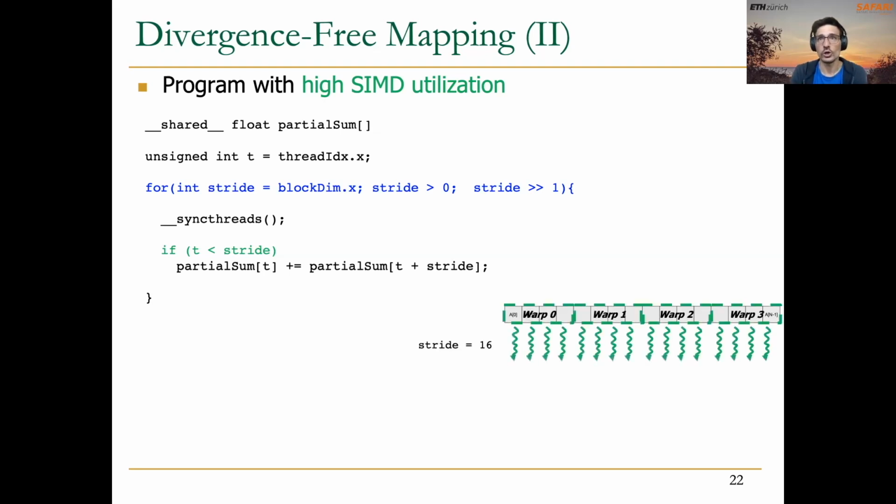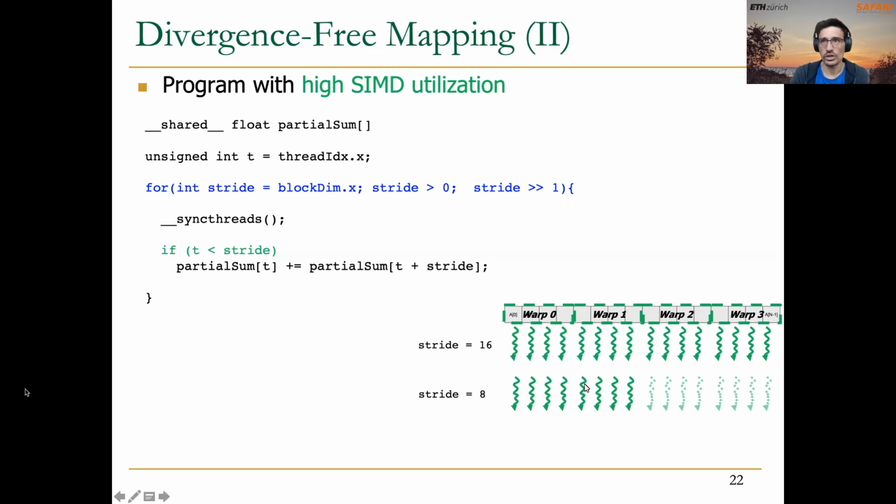So if we go to this representation, in the first iteration, observe that all threads are active, in this case with the stride 16. In the next iteration with the stride 8, half of the threads retire, but the threads that retire all belong to the same warps, while the threads that continue active also belong to the same warps.